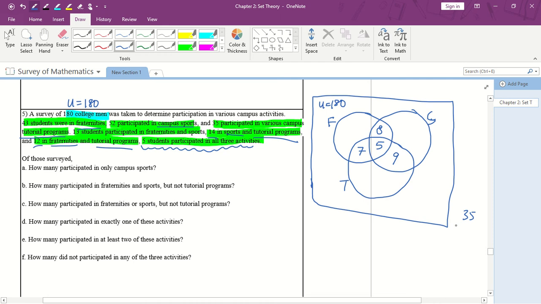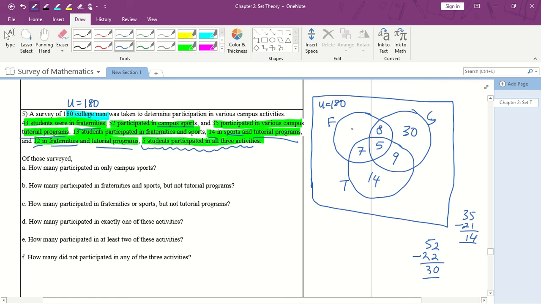So 35 minus 21 is 14. And here it says that 52 participated in campus sports. So 52 in this region, we need to subtract the others, 8, 5, 9. 8 plus 5 is 13, 13 plus 9 is 22. So 52 minus 22 is 30.